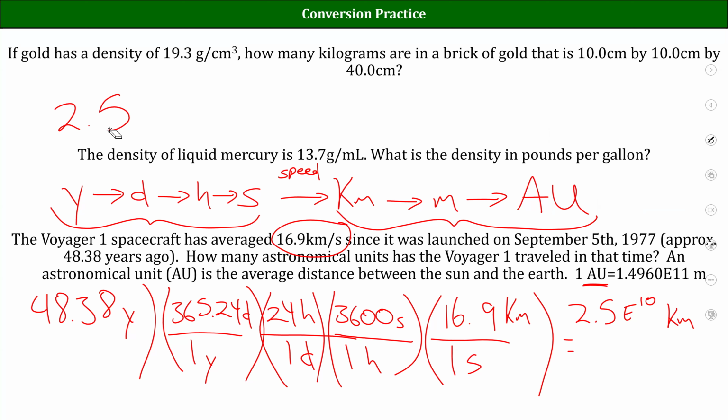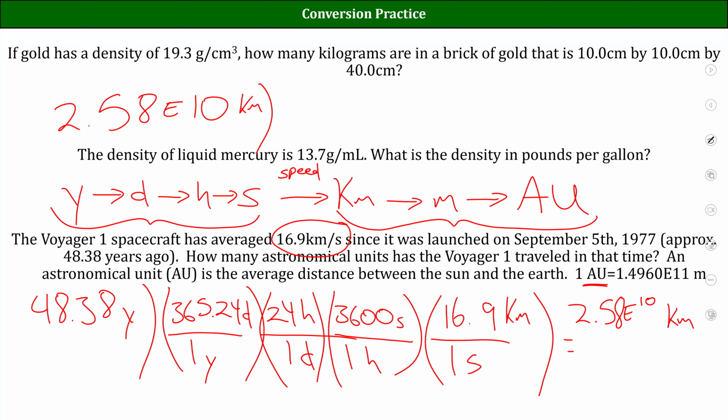Should we have more sig figs than 2.5? Yeah, we started with 4 sig figs. That's a measured number. But it's got more sig figs, so we're not worried about it. That's exact, that's exact. That's a measured number. So is 2.5 something? It's 2.58. Sorry, you probably said that and I just didn't hear. 2.58 times 10 to the 10 kilometers.